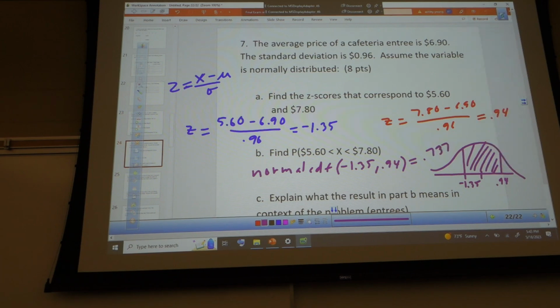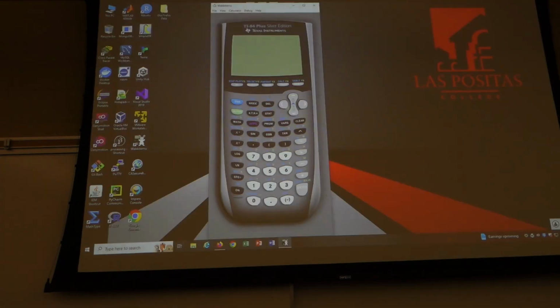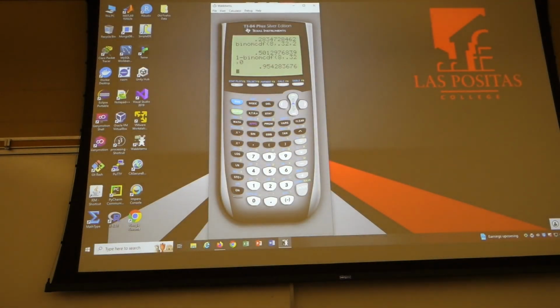As a refresher, how do you find that? Go to your calculator. We're going to do second bars down to normal CDF. Put in the lower z-score. Remember, for negatives, you cannot use the subtraction sign, it'll give you an error. You have to use the negative sign next to the enter key.